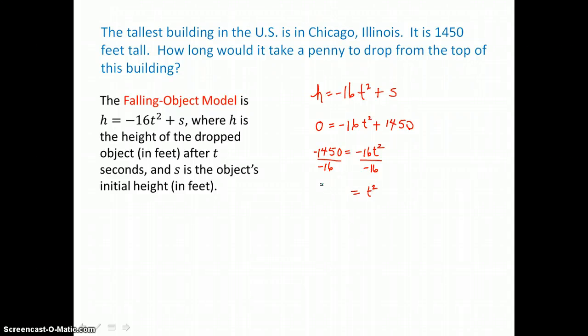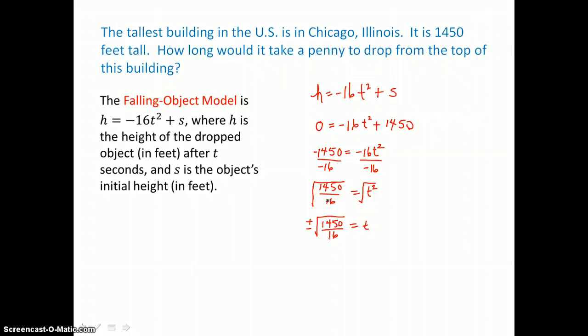And now I need to undo that power. So I'll take square roots of both sides. The square root of t squared is t, and now I know I'm getting two solutions, plus or minus the square root of 1,450 over 16.